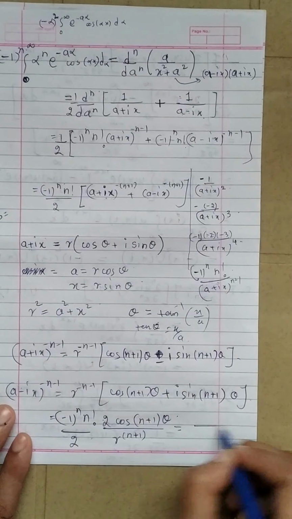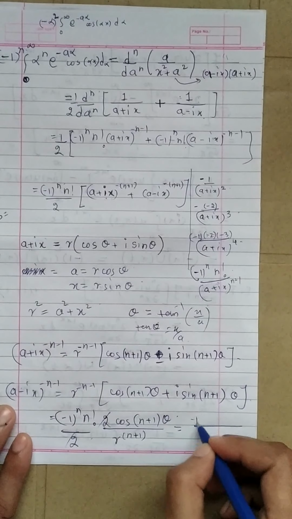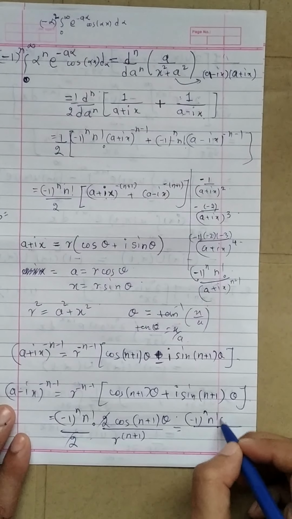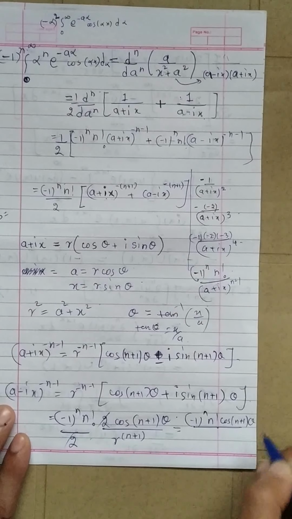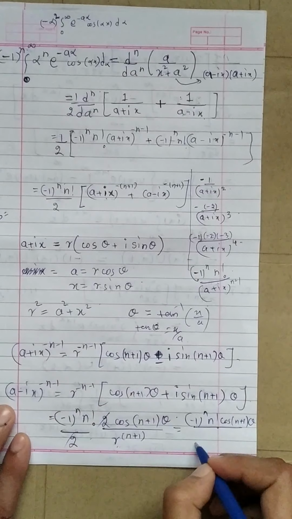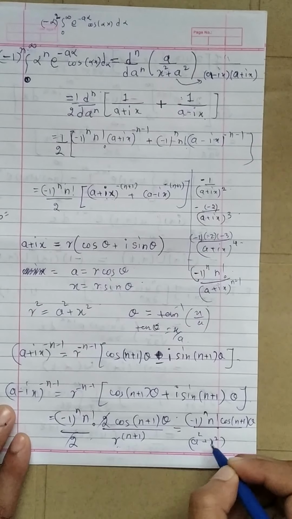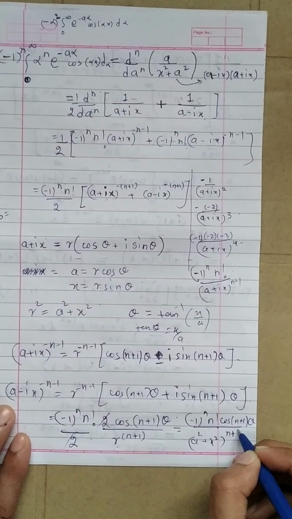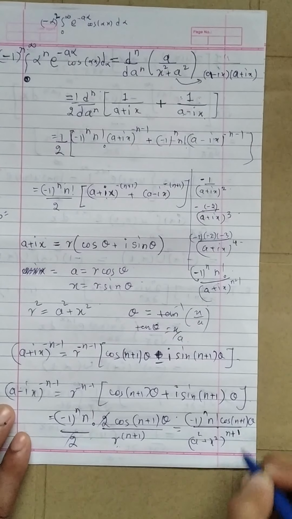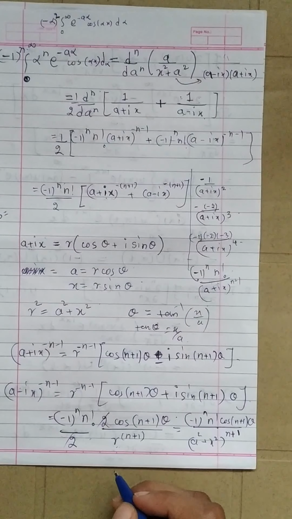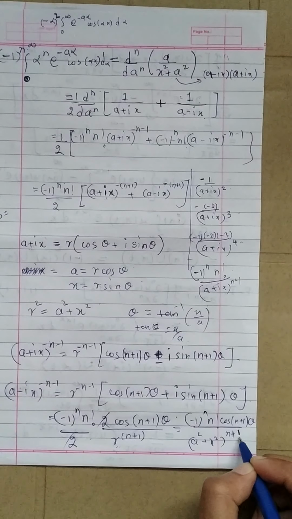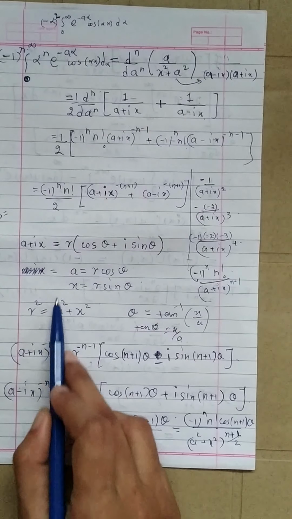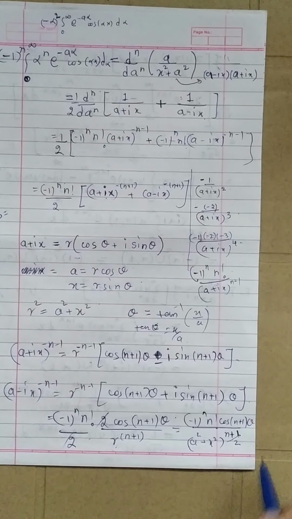This r is, so that 2 will get cancelled, minus 1 raised to n into n factorial cos of n plus 1 theta, and r is (a square plus x square) raised to n plus 1 by 2, because this is r square, so that will be root and it will be n plus 1 by 2.